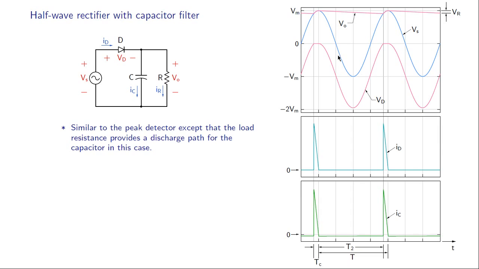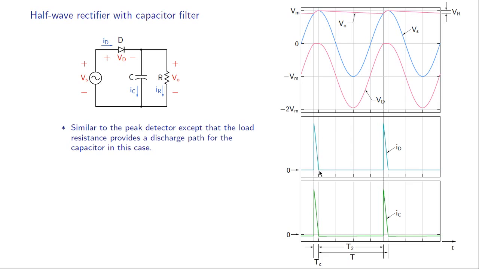This is the input voltage Vs, that is the output voltage Vo, that is the voltage across the diode, that is the diode current, and that is the capacitor current. First, we note that the diode conducts only in a very short interval compared to the period of the waveform, and that corresponds to this part of Vo.